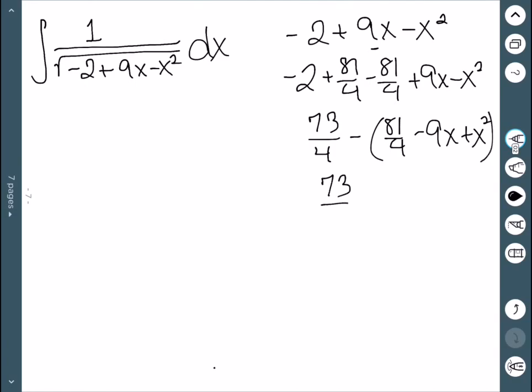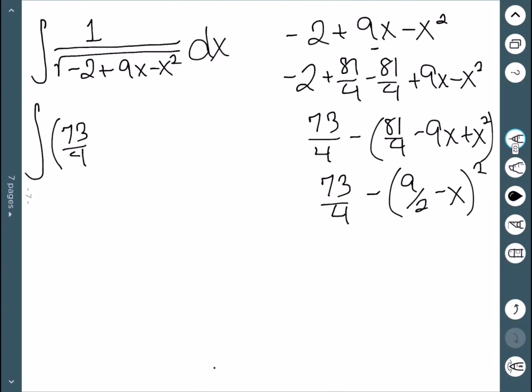I now have 73 over 4 minus 9 over 2 minus x, all squared. And now I can move back to my original integral. I now have 73 over 4 minus 9 over 2 minus x squared, all to the 1/2.